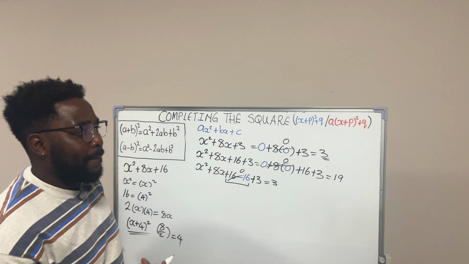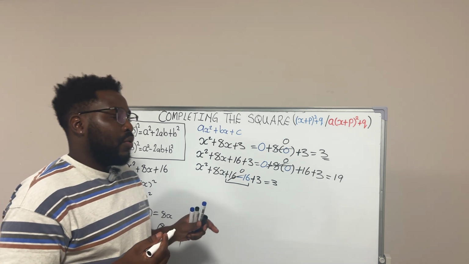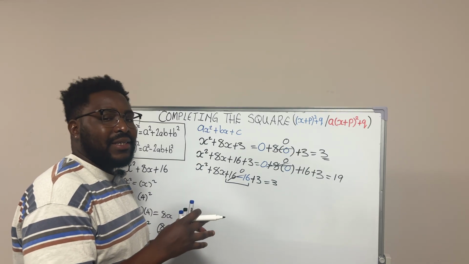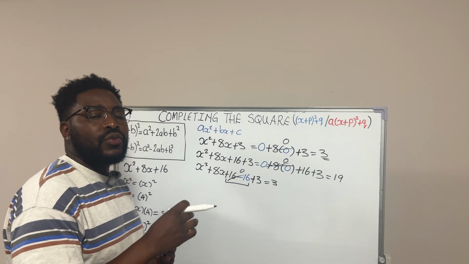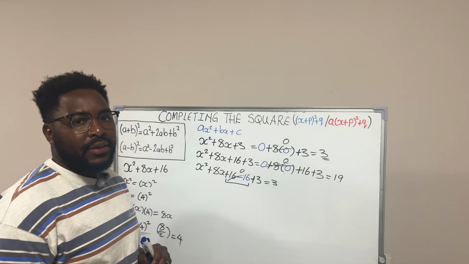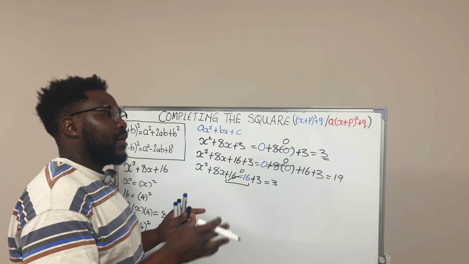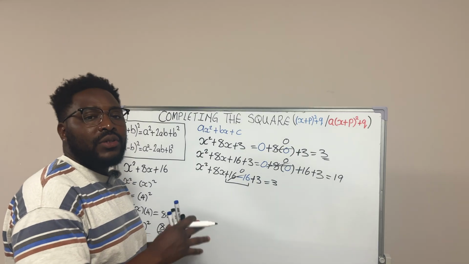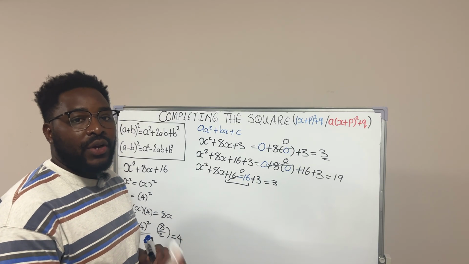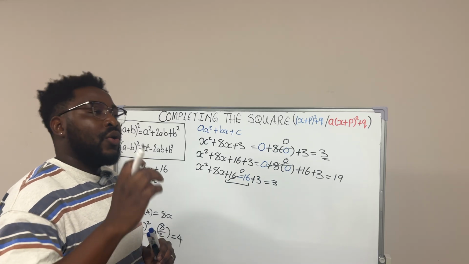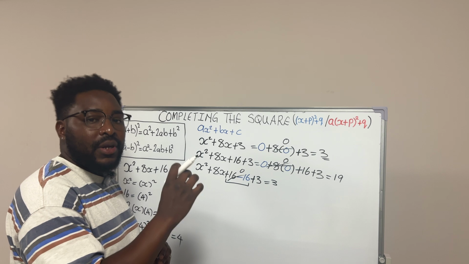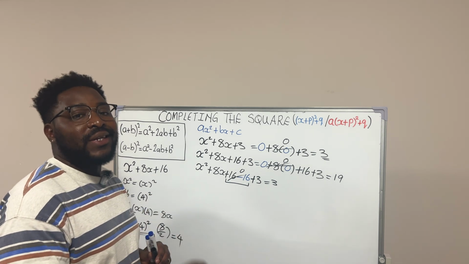That tells us that we cannot only add a number, but we also have to subtract the same number. I'll say that again. Whenever you're trying to transform an ordinary quadratic expression into a perfect square trinomial, we don't just add a number, but we also subtract the same number.